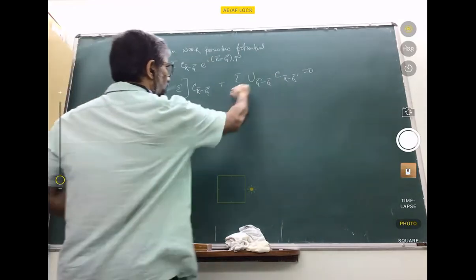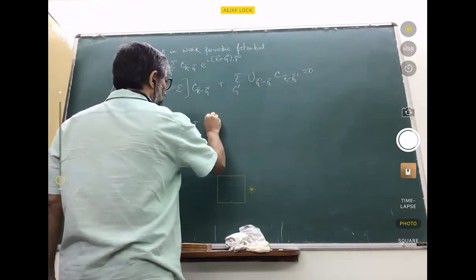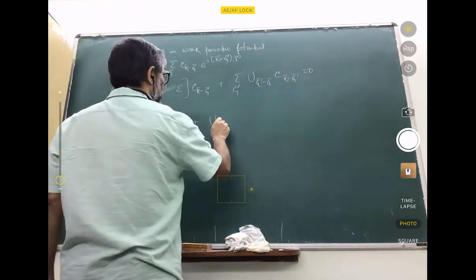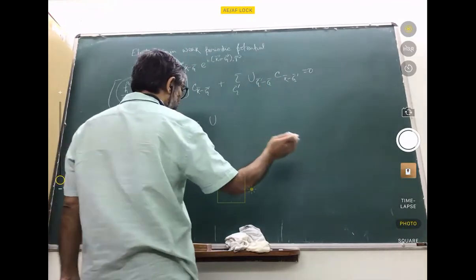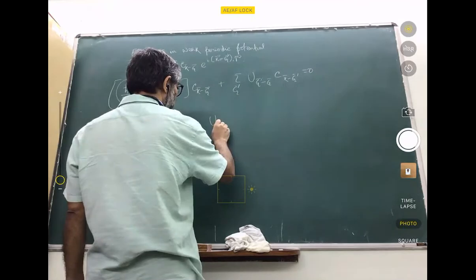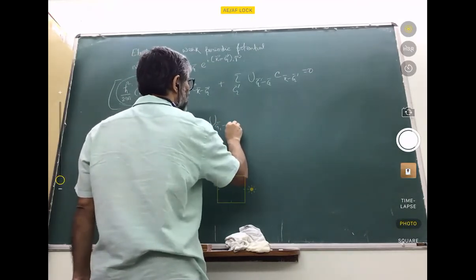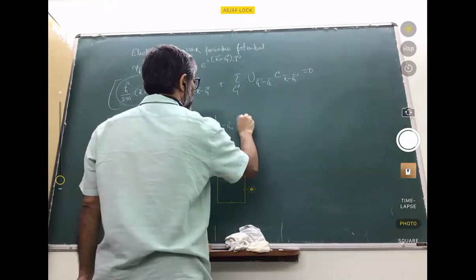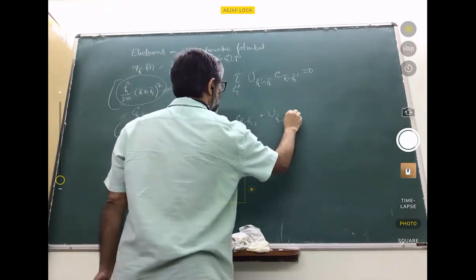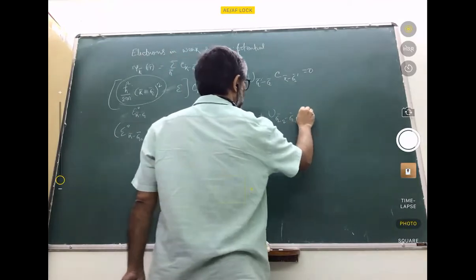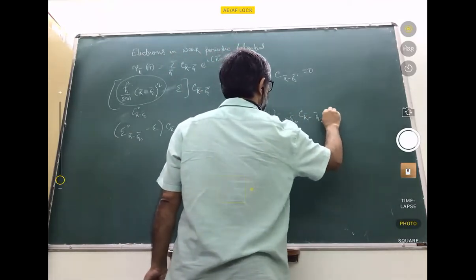Plus a sum over all G's of this thing. There'll be a G naught minus G naught term. I'm not writing this, and I'll tell you why. The next term will be G1 minus G naught, and so on.